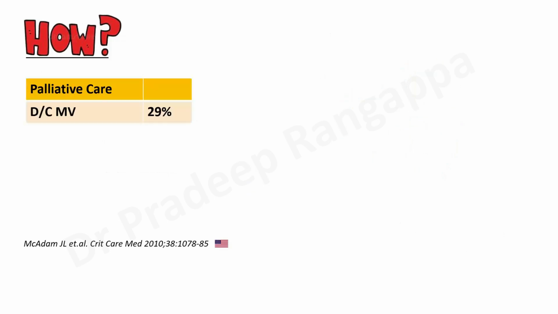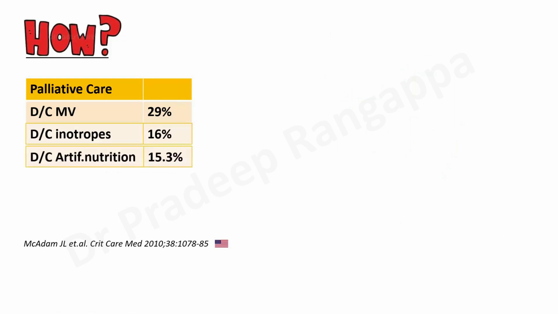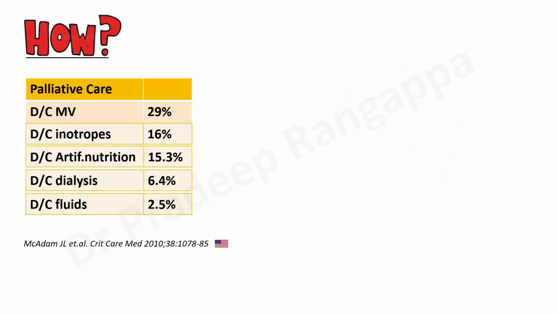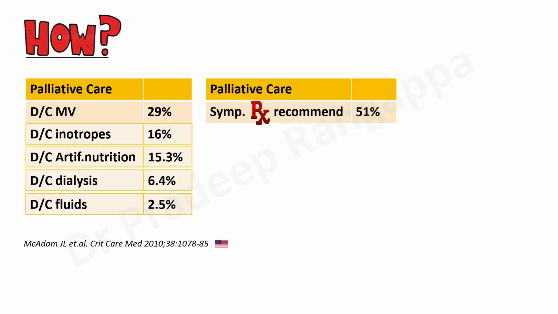And it is shown that by adopting the science of palliative care, this was the study which came where they showed discontinuation of mechanical ventilation happened in 29%, discontinuation of inotropes happened in 16%, discontinuation of artificial nutrition happened in 15.3%, discontinuation of dialysis happened in 6.4%, and discontinuation of fluids happened in 2.5%.